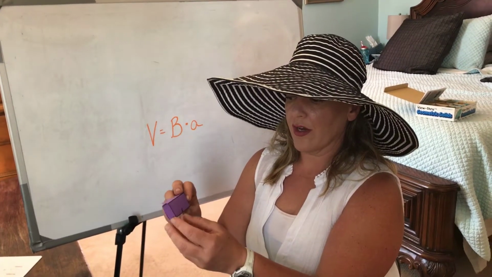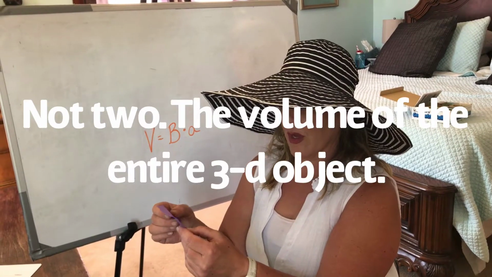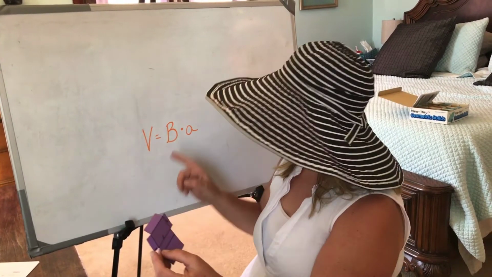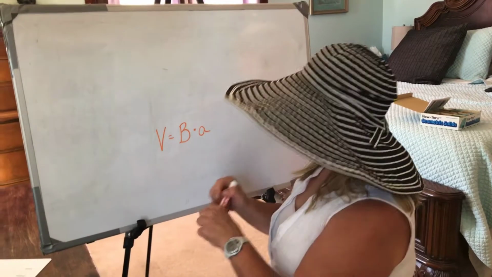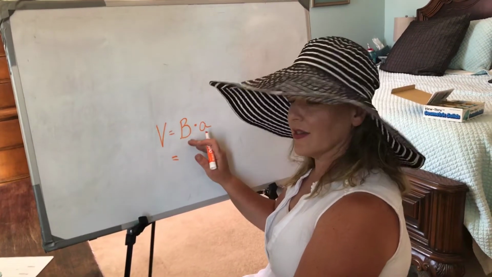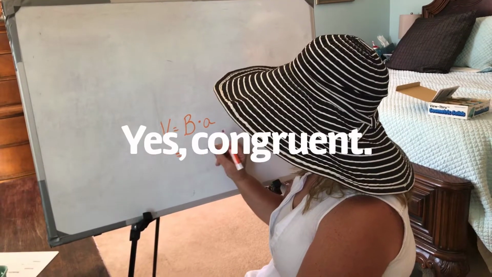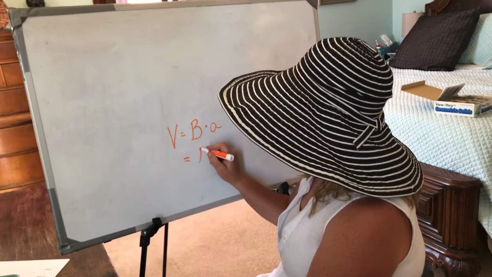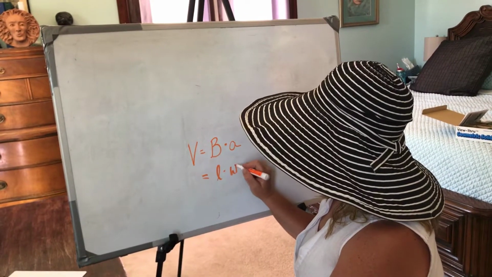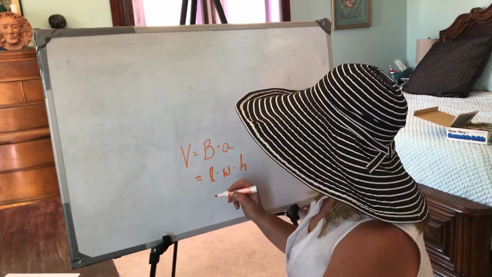So in order to figure out the volume of the two, I have to multiply it by the height. So again, area of the base, it's the exact same, is length times width times height. That's going to be your volume formula.